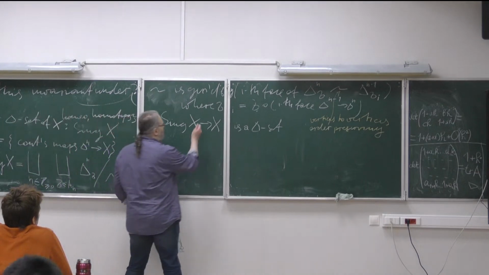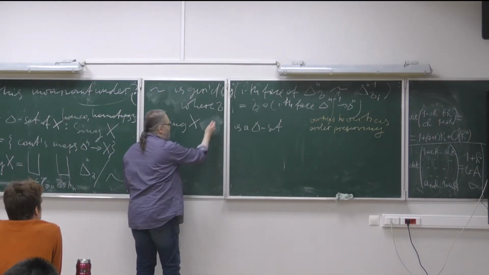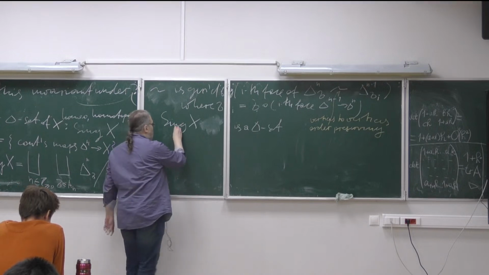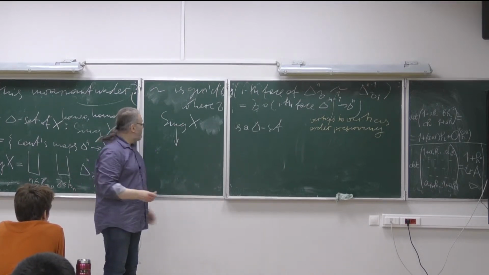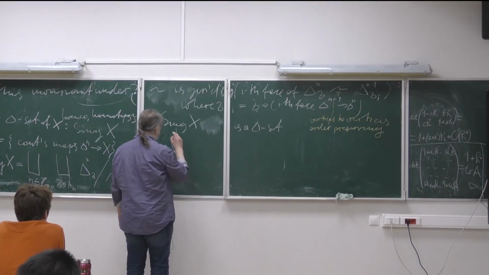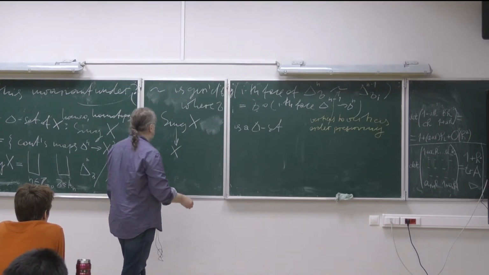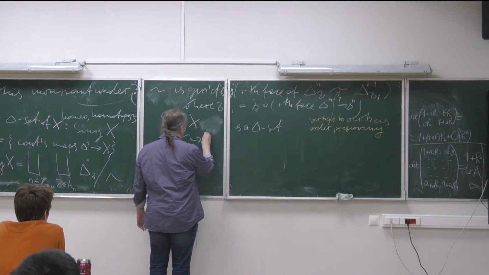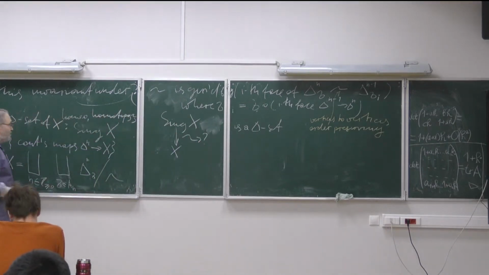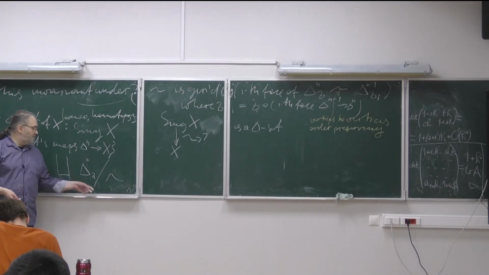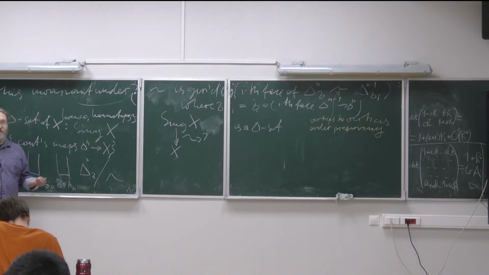Oh, sorry. Sigma X is a delta set. Now I want to construct a map from sigma X to X. How? Can anyone tell me how to construct a map from sigma X to X?